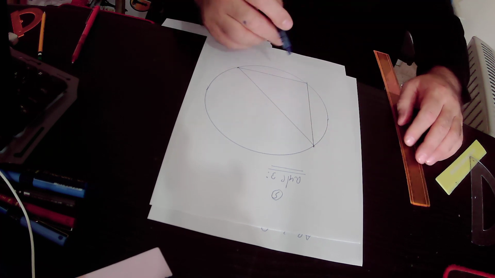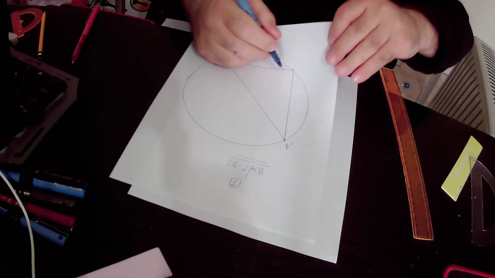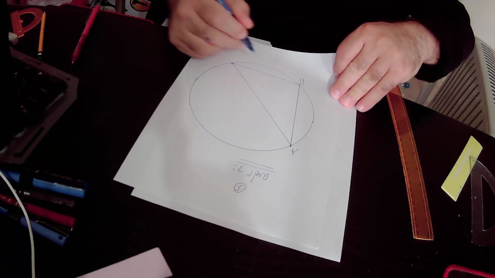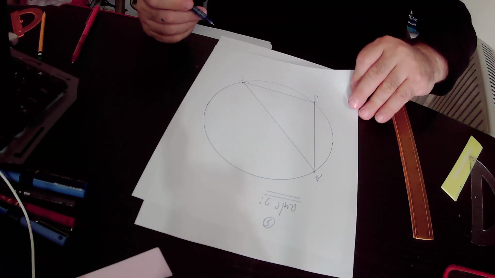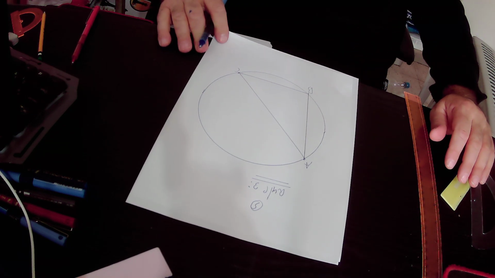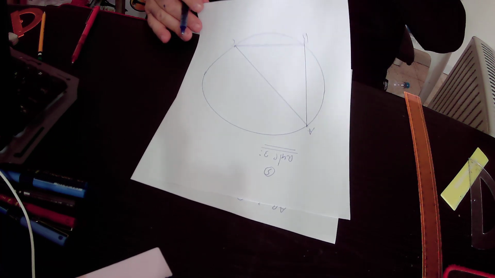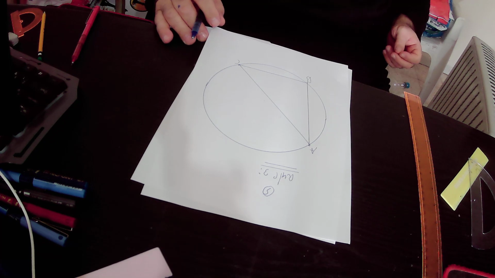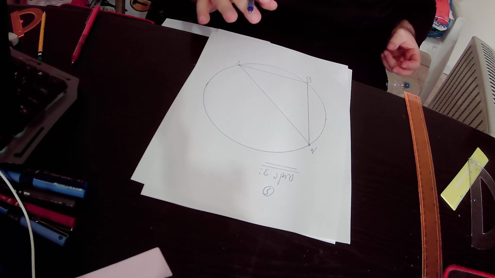This triangle ABC is inscribed by this circle, then we can find the radius of this circle by knowing the sizes of the three sides of triangle ABC.